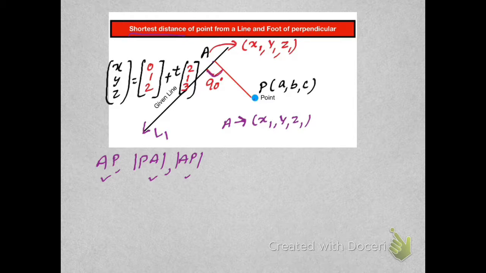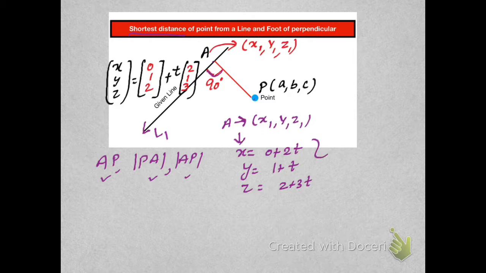Since A lies on my line L1, whose equation is already given, x1, y1, z1 can be obtained from x, y, z in the given equation. For example, x is 0 plus 2t, y is 1 plus t, and z is 2 plus 3t.